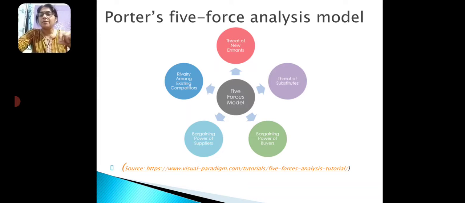Then bargaining power of buyers. Is your bargaining power of buyers high or low? Do you have a large number of buyers who make small purchases, or a small number of buyers who make big purchases? That matters to check the bargaining power. Then the suppliers. Are there too many suppliers in the industry, or only a few suppliers?